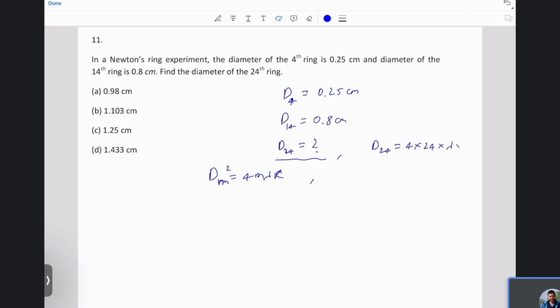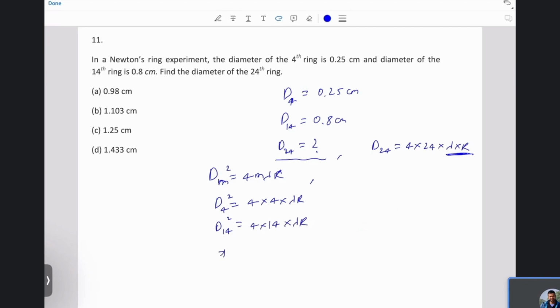You need lambda and you need R. Since when you take the ratio these get cancelled, you cannot get information on lambda and R. So one thing you can do is, let's write two equations: d4 square is 4 into 4 into lambda R, and then you have d14 square, which is 4 into 14 into lambda R.